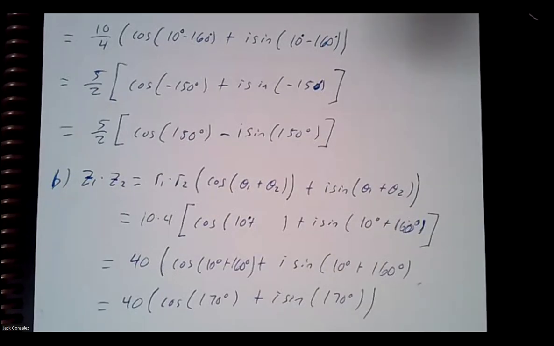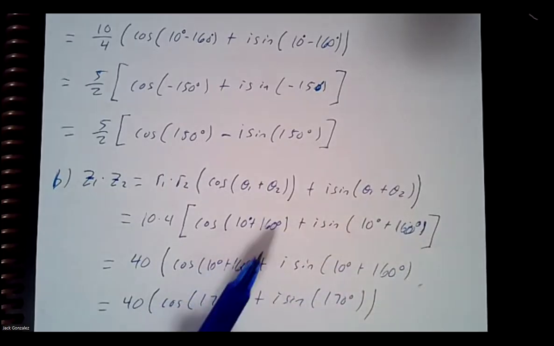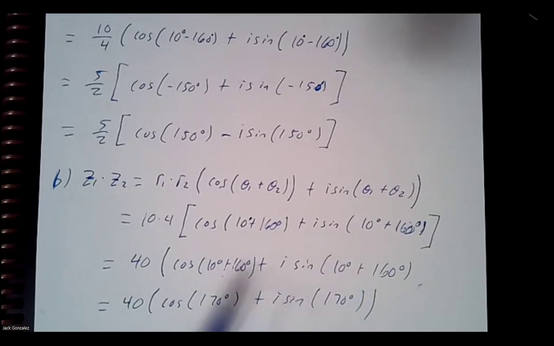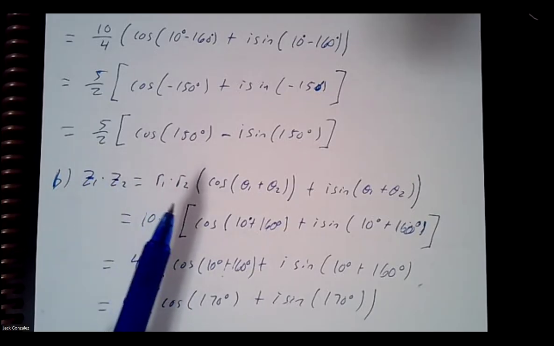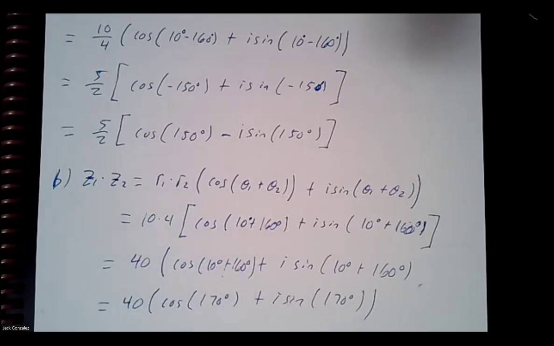Okay, so you fixed my error here. This is supposed to be 160, not 150. So 10 plus 160 is going to be 170. And this will be our final answer. But yeah, that's all. Just follow these two formulas. This guy and then the division. Move on to something else.